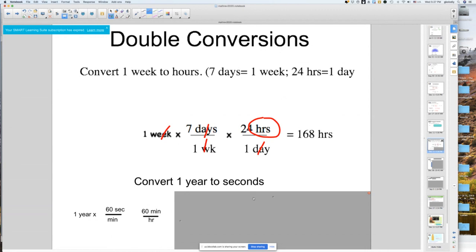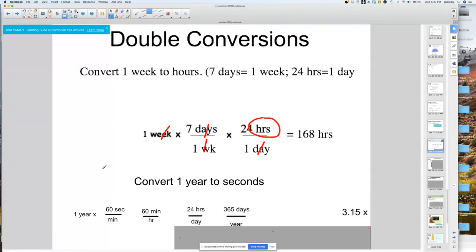Here's another one: 1 year to seconds. So, for example, you want to know how many seconds are in 10 years, or 5 years. Well, let's see if we can figure out how many seconds are in 1 year. Again, you're going to multiply by a bunch of conversions, but you know how many seconds per minute, minutes per hour, hours per day, and days per year.